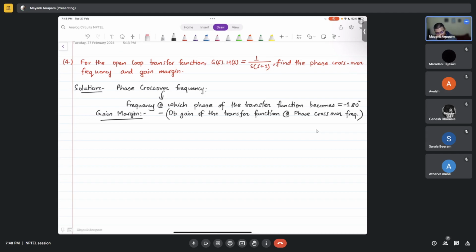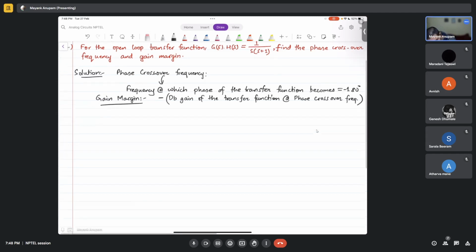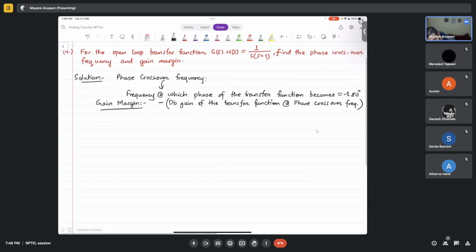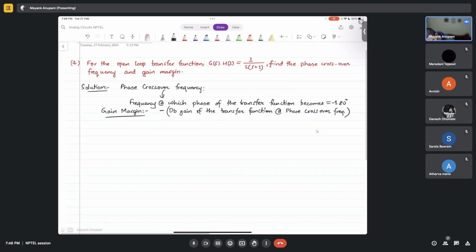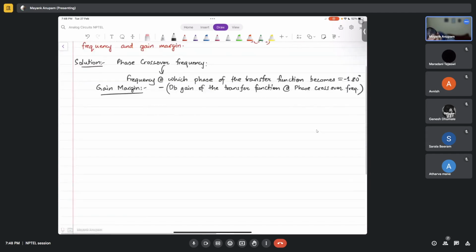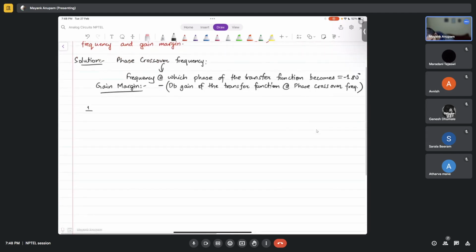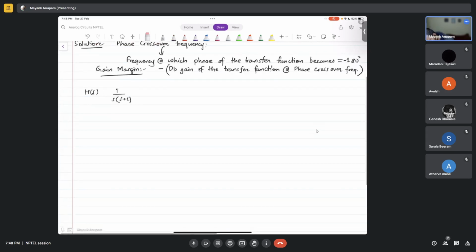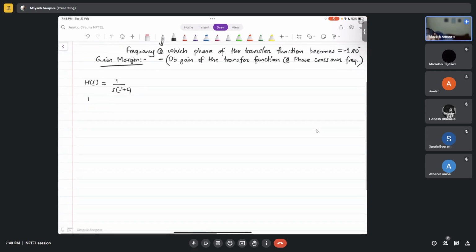How will you find it out? You have to find out what is the phase here, right? So, the transfer function H of s is 1 over s into s plus 1, correct? First you replace s with j omega, right? So you get 1 over j omega into j omega plus 1.